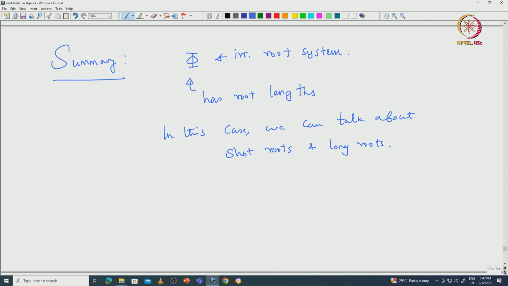And if we actually have only one root length, so in that case by convention we just assume all roots are long roots. Okay.